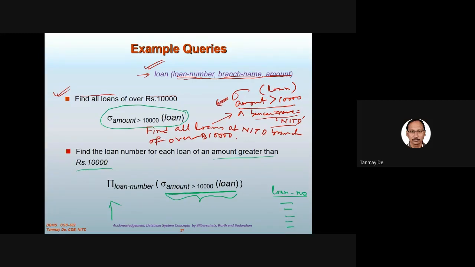If you have any doubt, I will try to clear it, because queries are one of the most important things, and some portion of the syllabus is considered as queries, maybe relational algebra, maybe relational calculus, and also SQL.